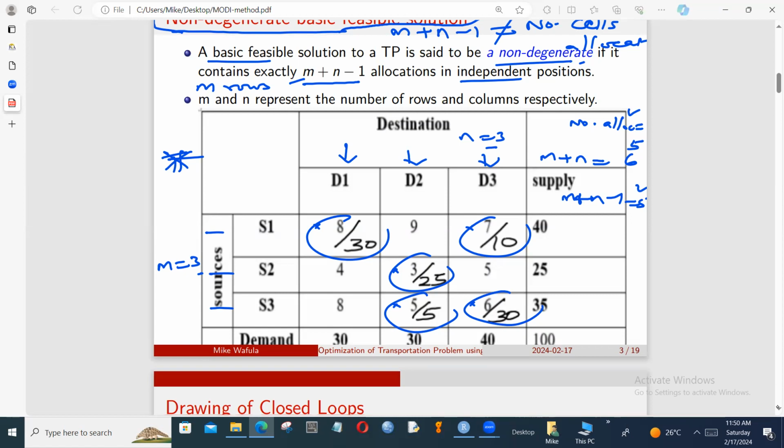But we are going to demonstrate one where we shall begin from allocation using the methods we learned before we now do the optimization. So that should not worry you. Here we are just saying, suppose you have a table and you have such kind of allocations. If you look at the number of cells that have been allocated and the sum of rows and columns less one, do they tally? That's basically what we are looking at at this particular point.